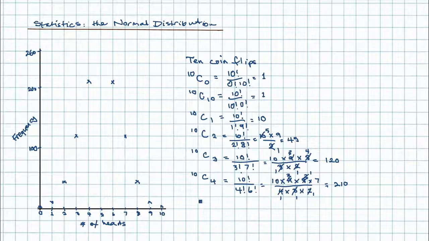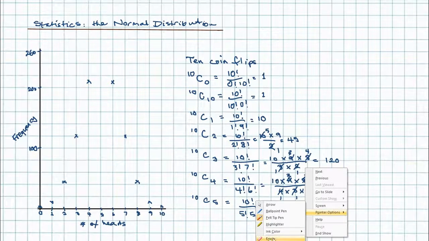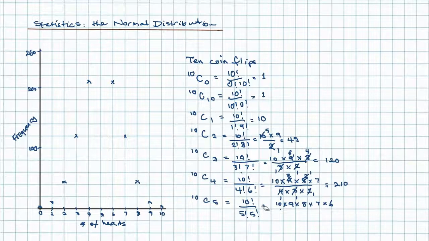Now that just leaves us with our central tendency, which is 10 choose 5. And here we've now got 5 factorial times 5 factorial in the denominator. So we've got 10 times 9 times 8 times 7 times 6 divided by 5 factorial, so that gets rid of one of the 5 factorials. Let's just write that a bit neater.